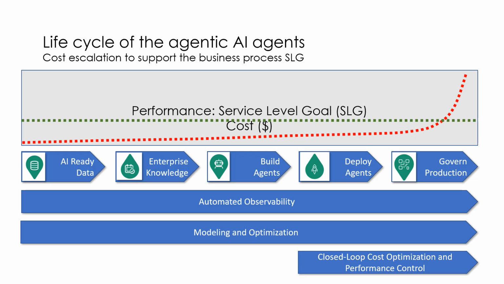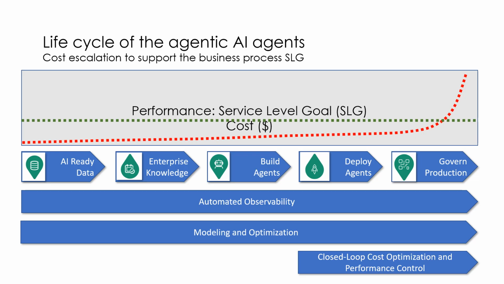The agent lifecycle includes data preparation, making enterprise knowledge AI ready, then building the agents, deploying agents, and governing agents in the production environment.